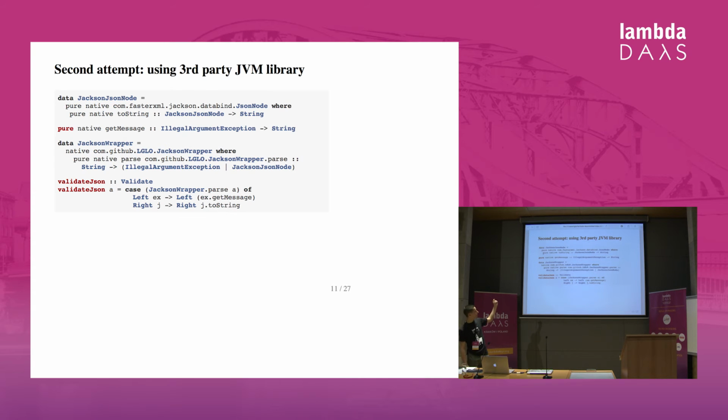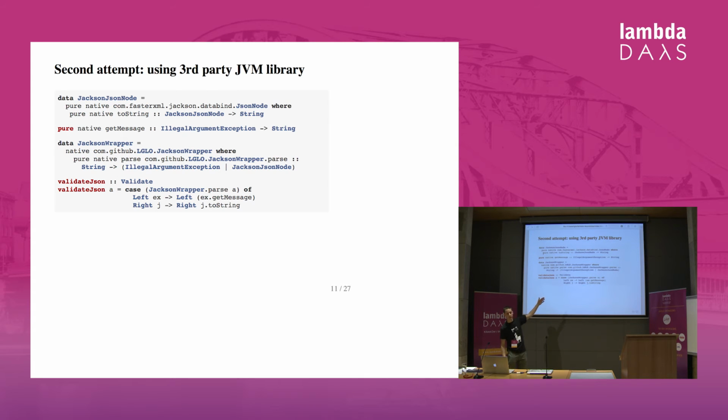I declare that there exists a getMessage function, which is pure, by the way, on the illegal argument exception type, which returns a string. And I declare that there exists this pure native function com.github.lglo JSON wrapper parse, which I alias as parse.